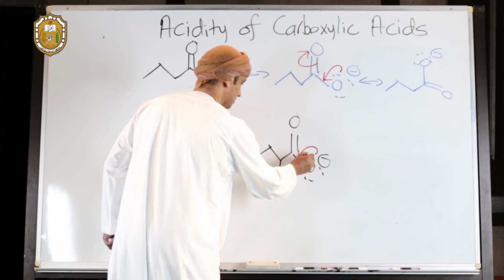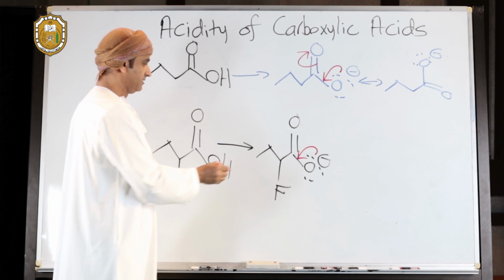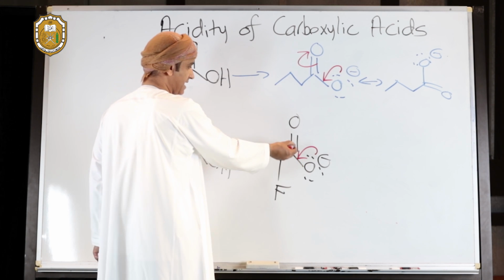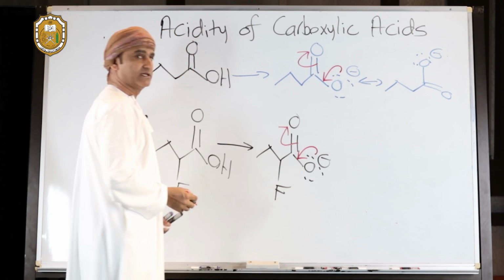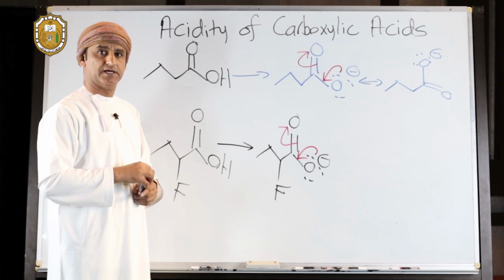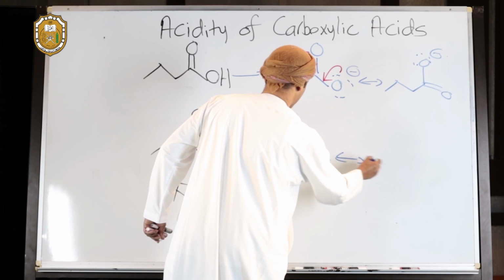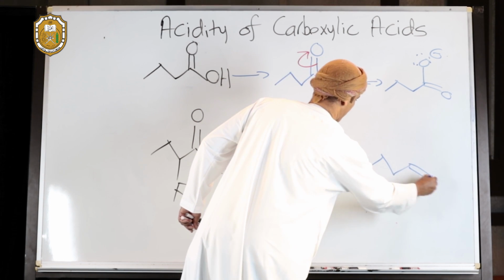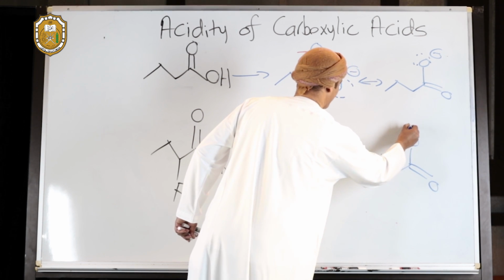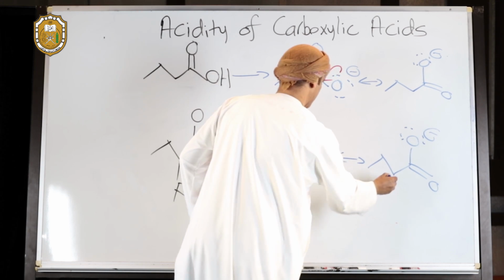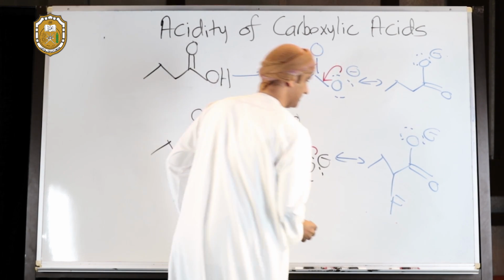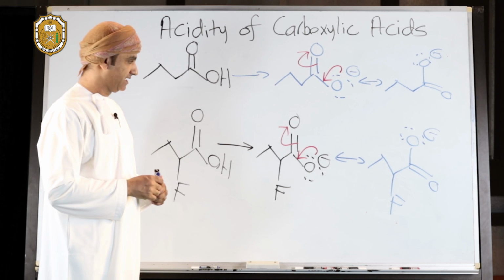So by taking one of the lone pairs on oxygen, making a double bond between oxygen and carbon again, and breaking the carbon-oxygen double bond, we get another resonance form, which is this one, the usual resonance stabilization of carboxylate ions.